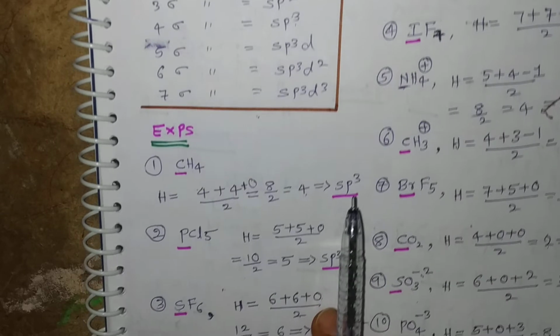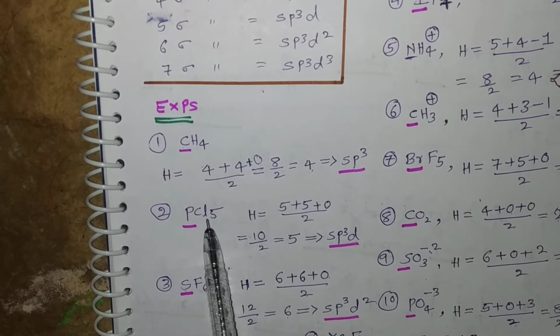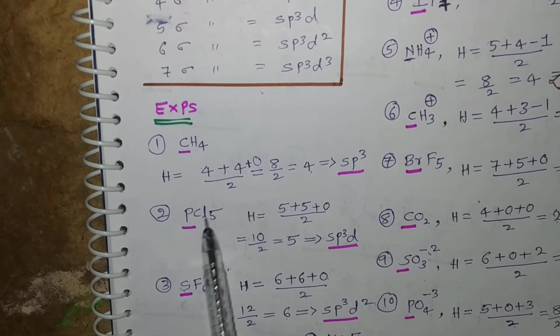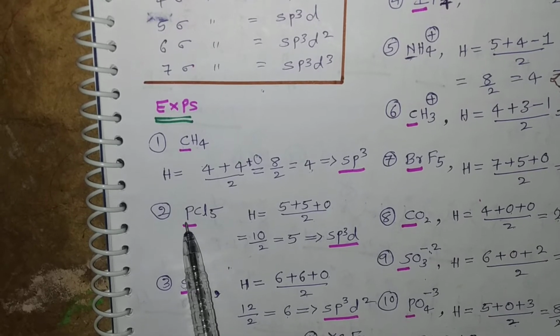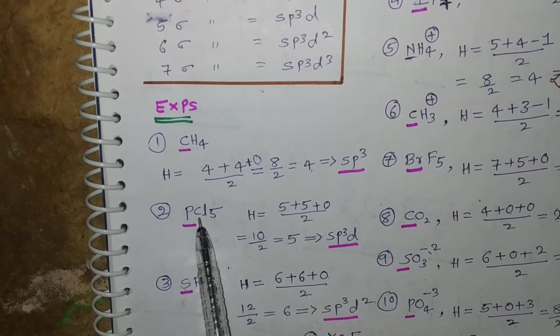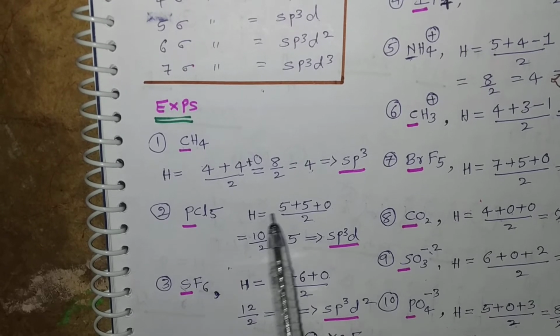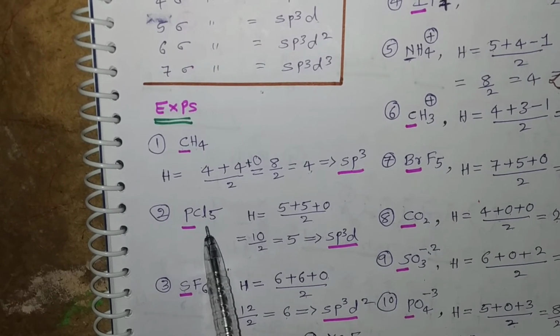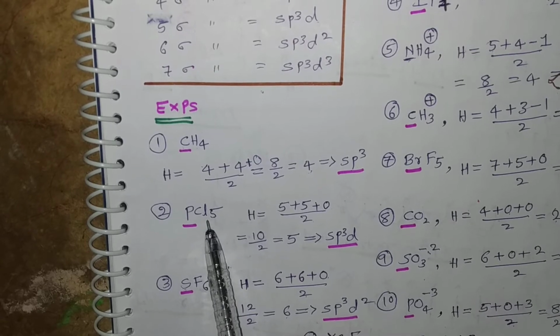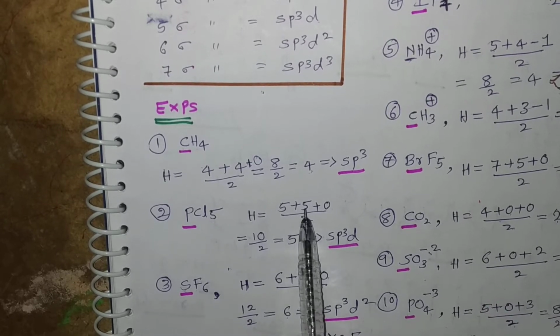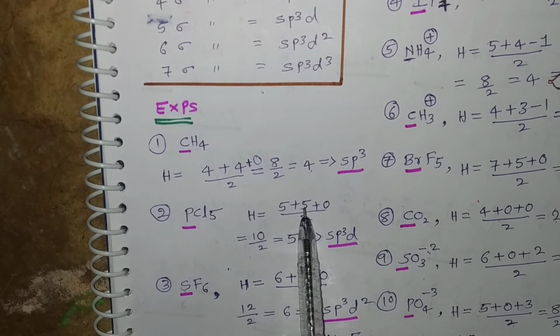And next example, phosphorus pentachloride. In phosphorus pentachloride, the central atom is phosphorus. Phosphorus belongs to the 5A group in the periodic table, so group number 5. And monovalent chlorines, how many? 5. So write down 5.